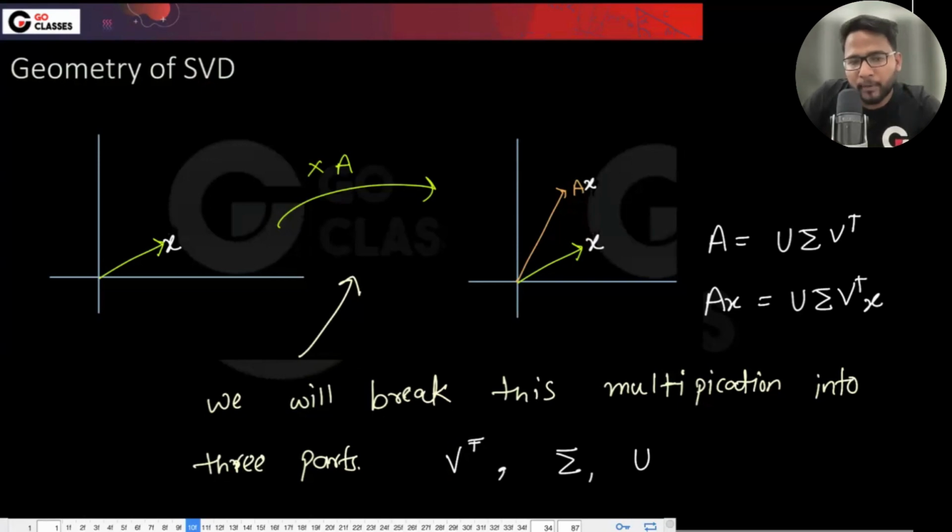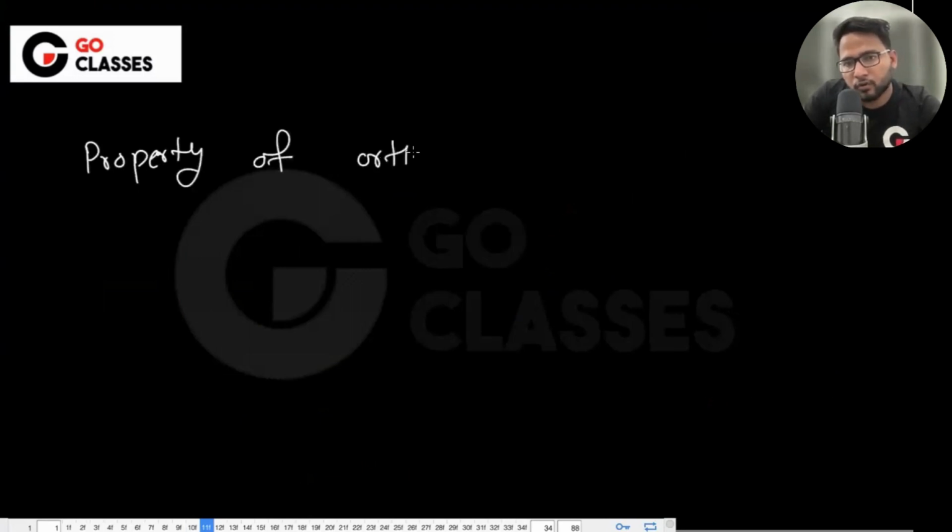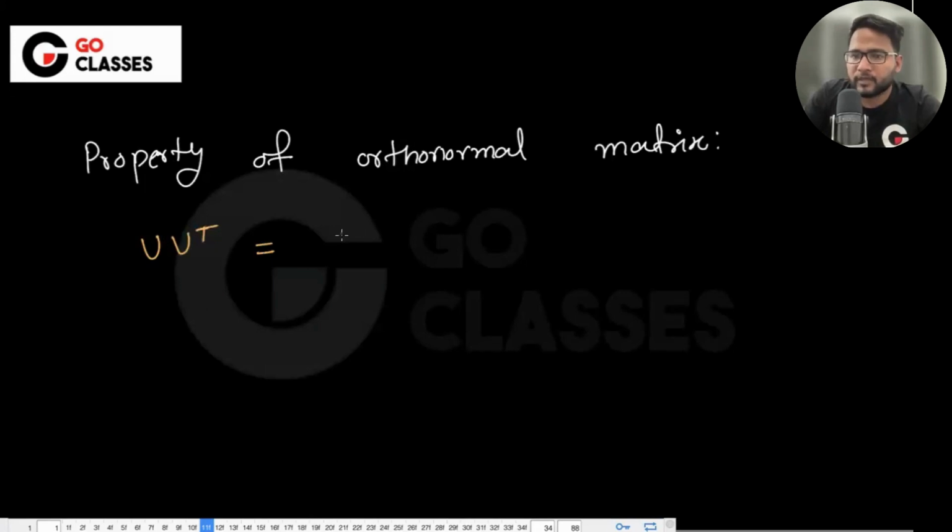By the way, what is the property of an orthogonal matrix? Sorry, orthonormal, right? What is the property or the formula, whatever you like to say? Let's suppose U is orthonormal. Then U into U transpose will be what? Yes, great.